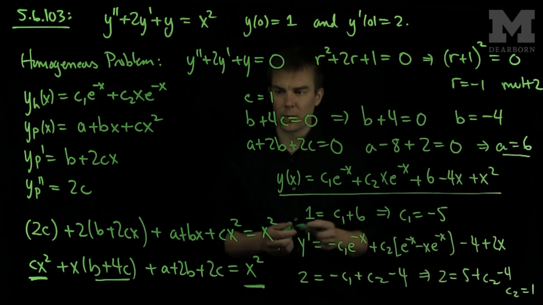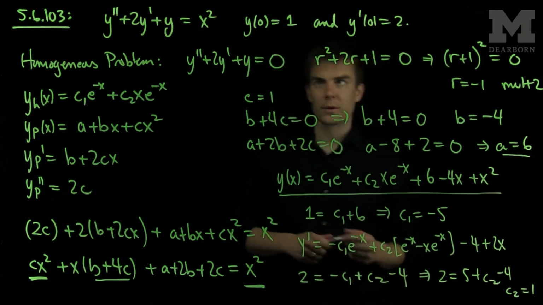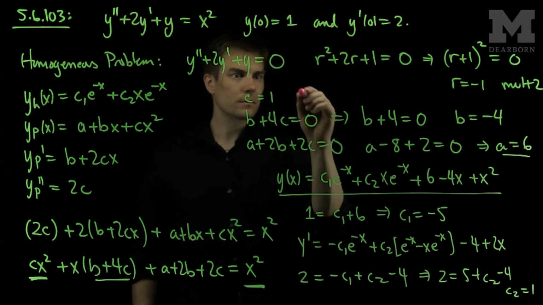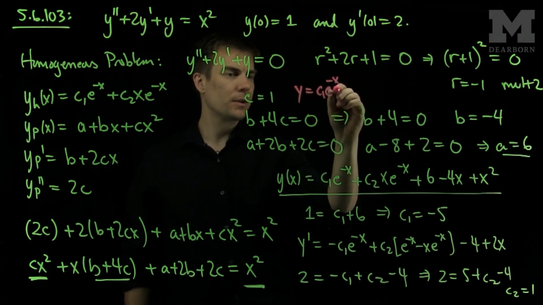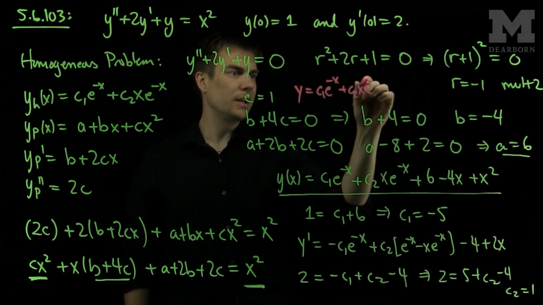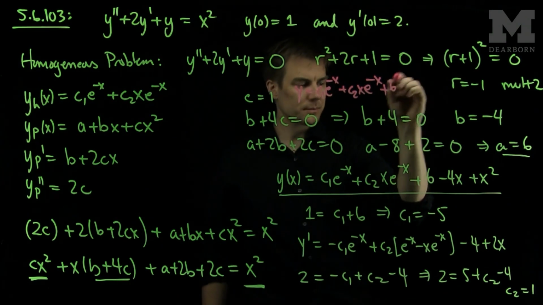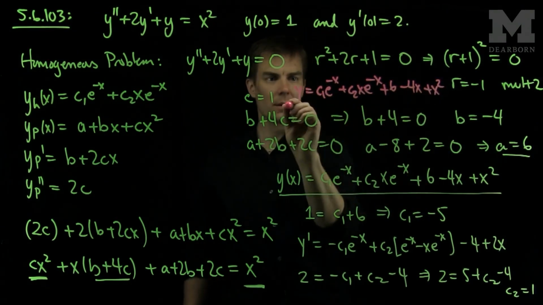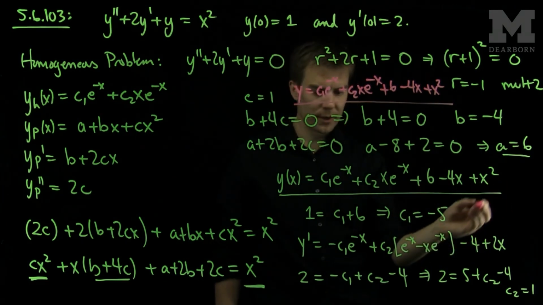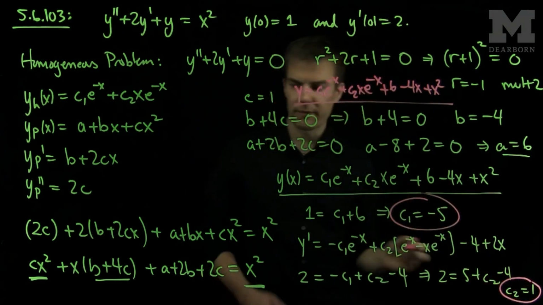Putting all this together, we can now write down the solution to our problem. The solution y will be c1 e to the negative x plus c2 x e to the negative x plus 6 minus 4x plus x squared. And c1 we found to be negative 5, and c2 we found to be 1.